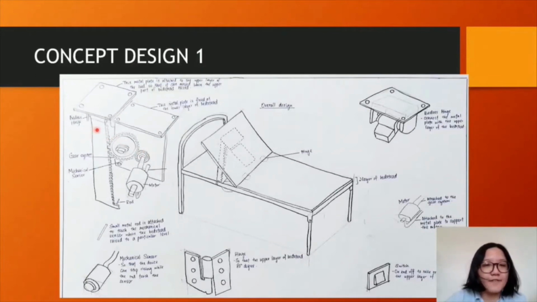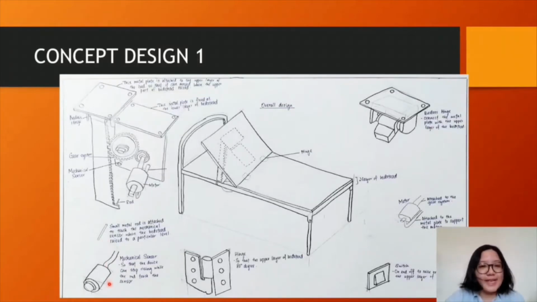There is a heavy duty hinge here and there's a small metal rod here, and the mechanical sensor is attached below the gear system and there's a motor to control the gear system. The small metal rod is attached here and is used to touch the mechanical sensor when the bed stat is raised to a particular level.